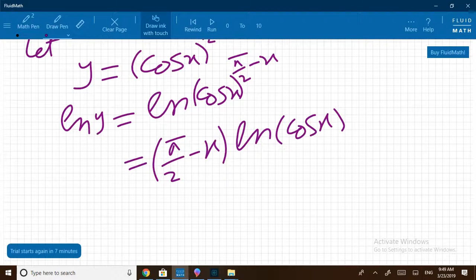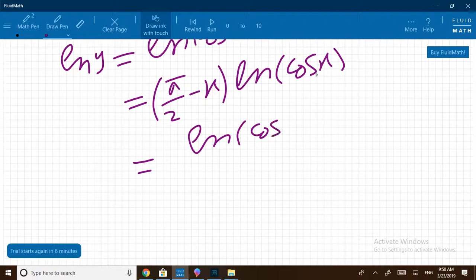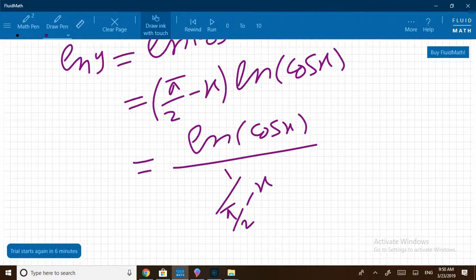Okay, and we can write it like this: natural log of cos x divided by 1 divided by (pi by 2 minus x).